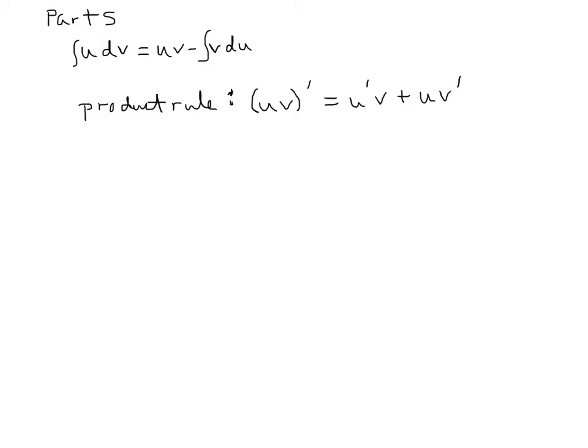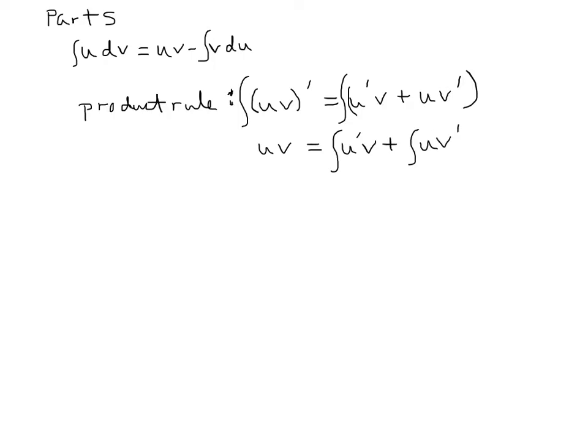Now, if I integrate both sides of this, I'm going to take the integral of all of that. The integral of a derivative undoes that derivative. So on the left-hand side, I would be left with just u times v. On the right-hand side, if I split this up, I have an integral of u prime v plus an integral of u v prime.